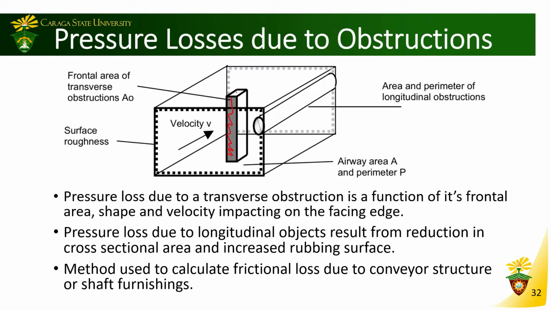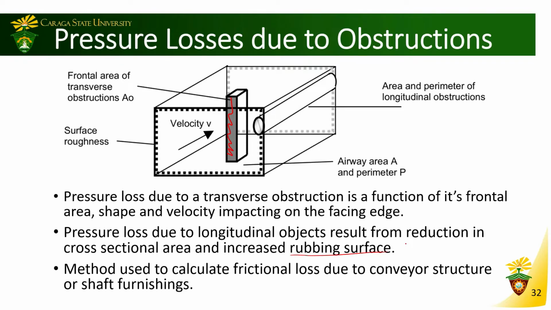Pressure loss due to longitudinal objects results from the reduction in cross-sectional area and increased rubbing surface. So for longitudinal objects that have an orientation in line with the flowing fluid, it would be due to the increased rubbing surface.